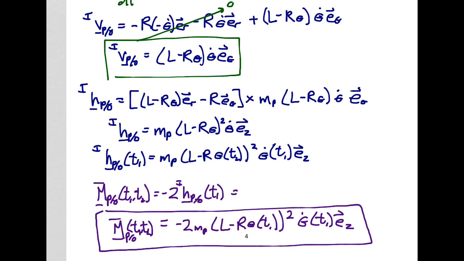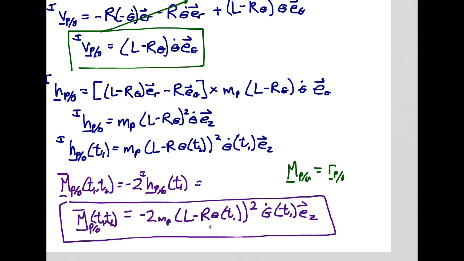So our impulse here is an angular impulse, but always remember that it's an angular impulse based on the moment that you'll be applying over a very short time, and that is r of P with respect to O crossed with the force that you're going to put on the ball.